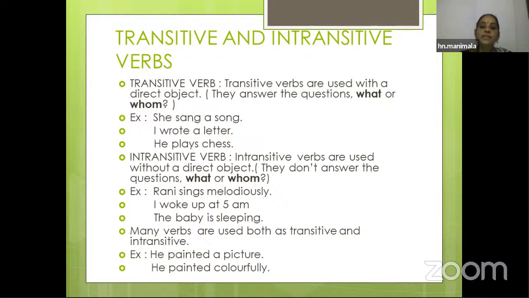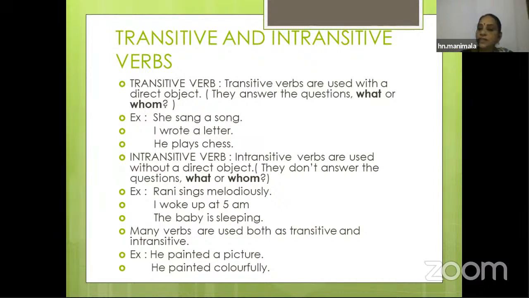So intransitive verbs are used without a direct object. They don't need a direct object. They don't answer the questions what and whom. When they answer what and whom, they need an object. For example, Rani sings melodiously.